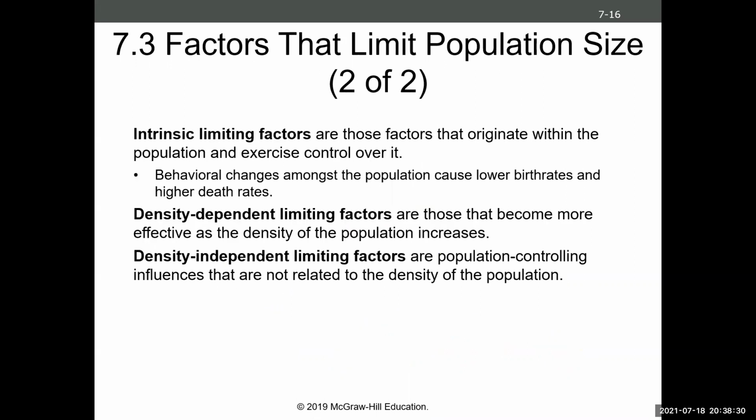Now, intrinsic limiting factors are those that come from that population itself. So like behavioral changes that lead to lower birth rates or higher death rates, etc. And so there can be what's called density-dependent limiting factors and density-independent limiting factors.